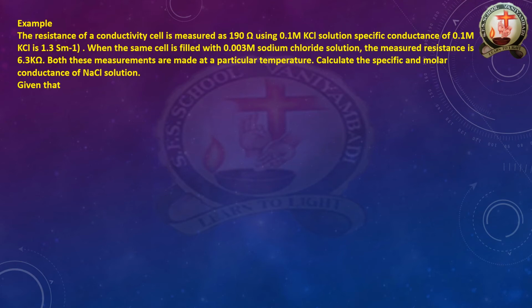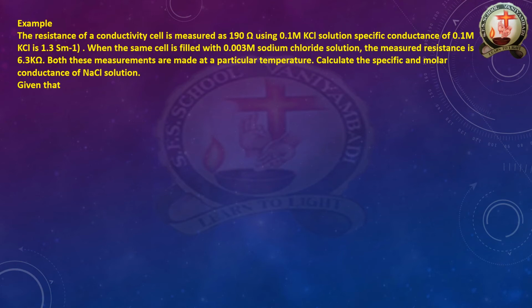The 190 ohms is the final resistance. For 0.1 molar KCl solution, the specific conductance is given as 1.3 Siemens per meter. When the same cell is filled with 0.003 molar sodium chloride solution, the measured resistance is finally 6.3 kilo ohm.